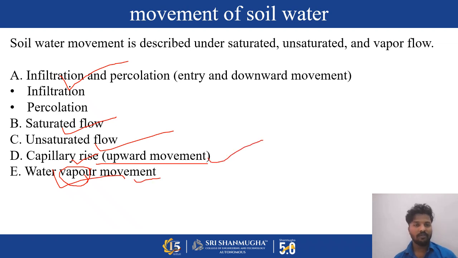The first one is infiltration and percolation, which is the entry and downward movement of water in the soil. First we have to see infiltration. Infiltration is the entry of water from the surface into the soil pore spaces during rainfall or irrigation.